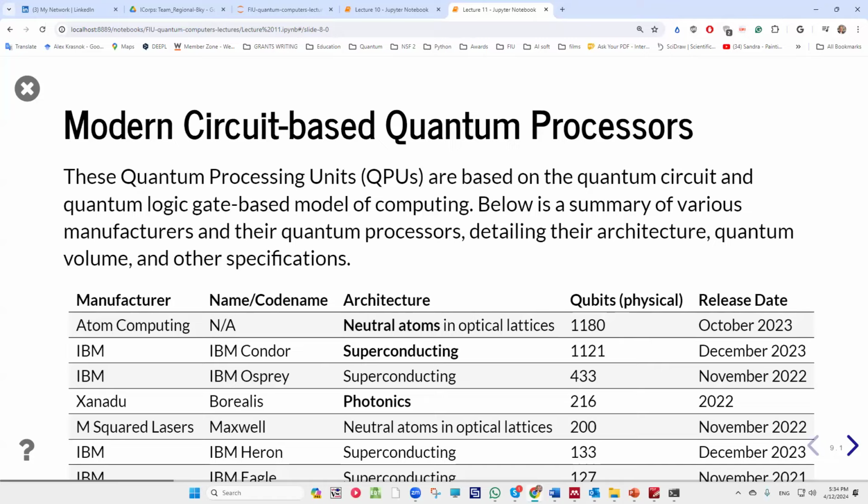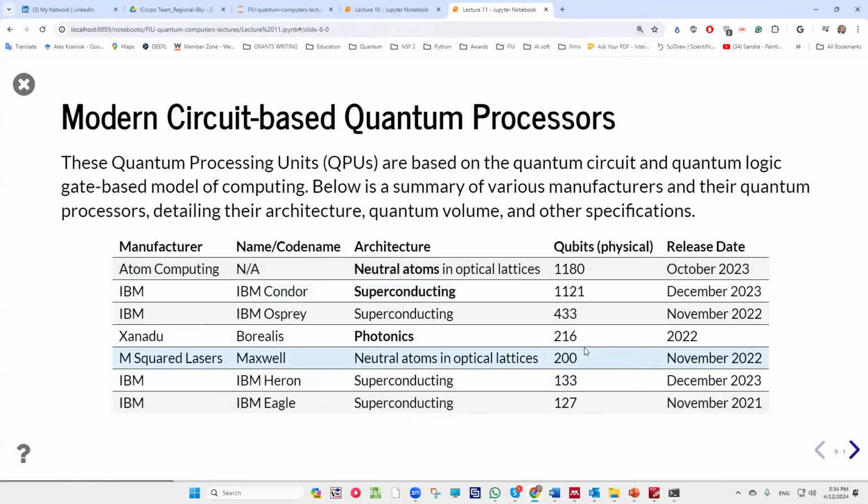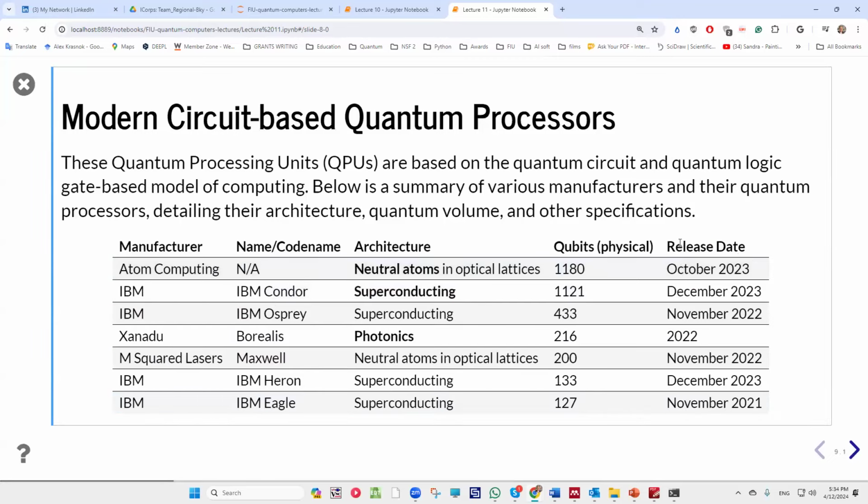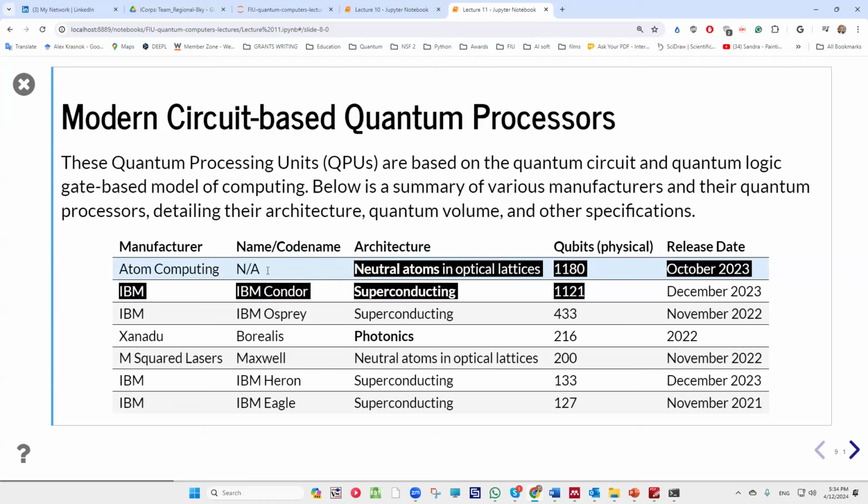And here I put together a list of like 6, 7 recent state-of-the-art quantum computers. I arranged them according to the number of qubits. And as you can see, today we have quantum computers with over 1,000 qubits.